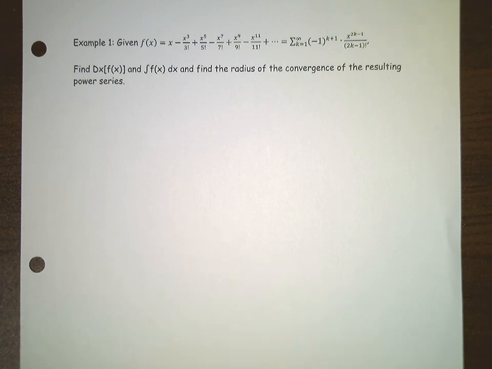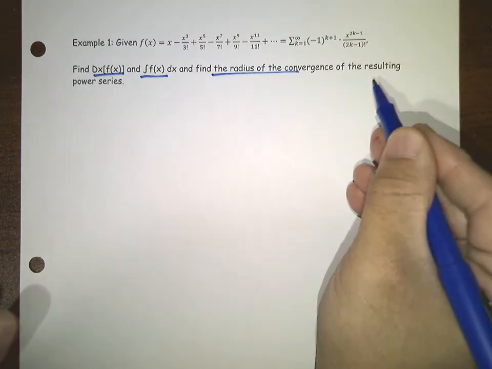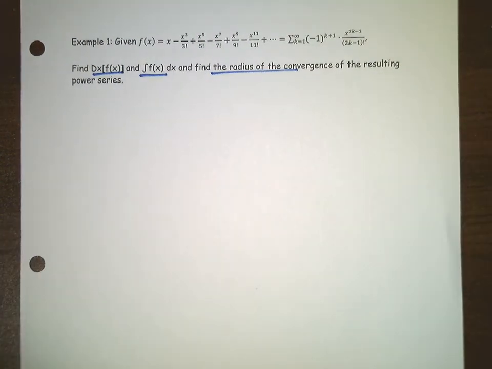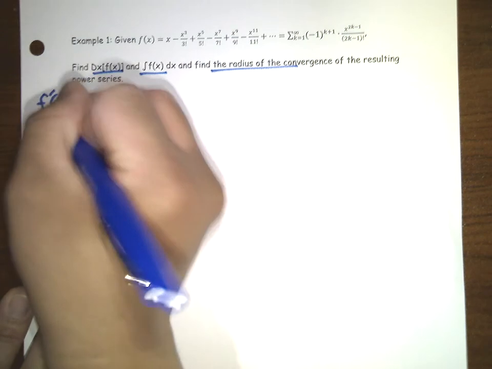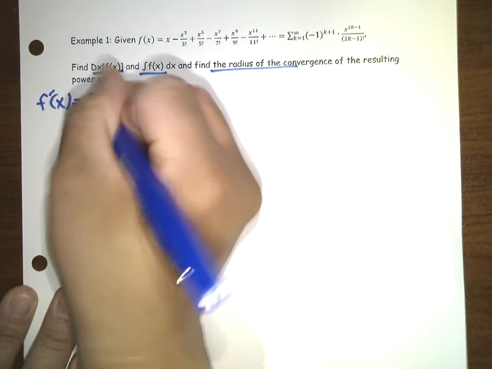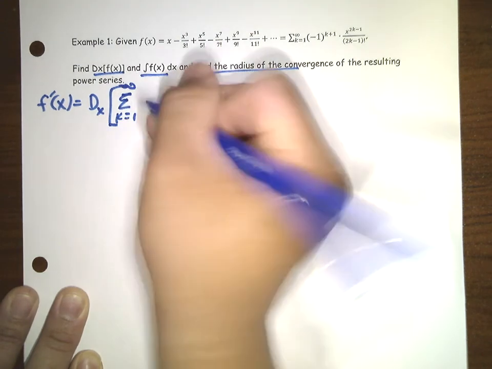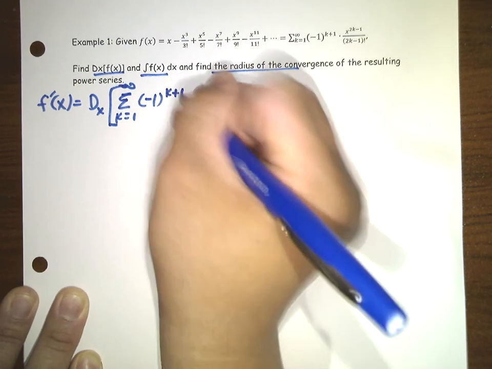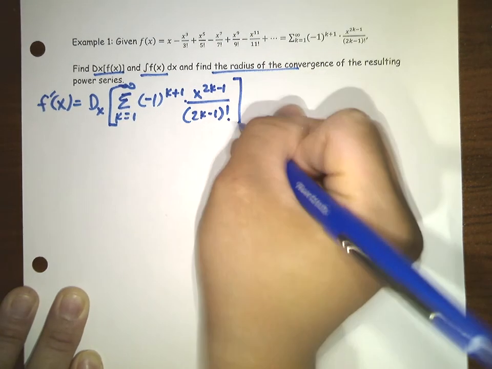So we're given a series, and we want to find the derivative, the integral, and the radius of convergence of the resulting power series. All right, so here we go. Let's look at the derivative. So f prime of x is going to be d/dx of the series, the sum k equals 1 to infinity of negative 1 to the k plus 1 times x to the 2k minus 1 over 2k minus 1 factorial.